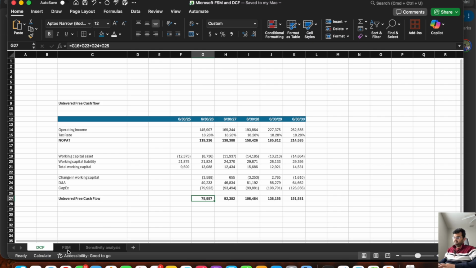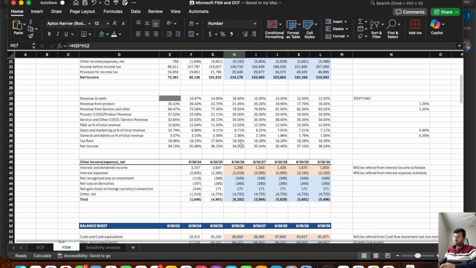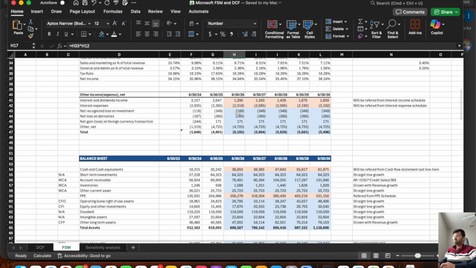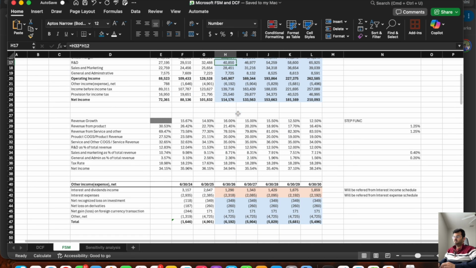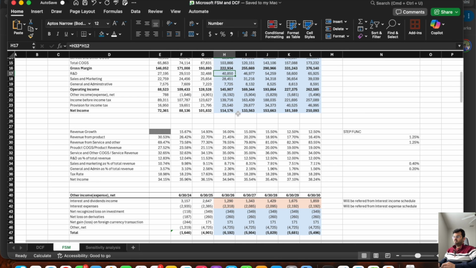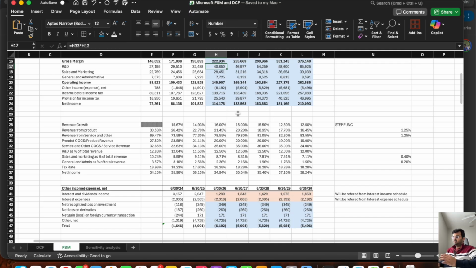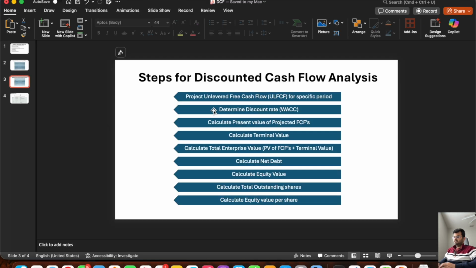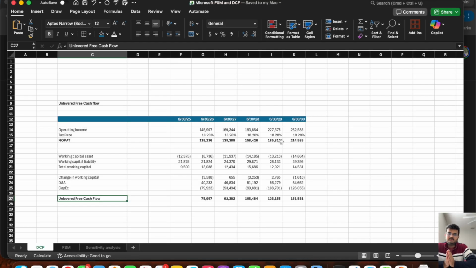Second, we know what assumptions we took to derive all the numbers, and we should be confident about what inputs we give depending upon what we understood from the business, rather than taking randomly from any data source. In the next part of the video, we will come back and evaluate the discount rate, or weighted average cost of capital.